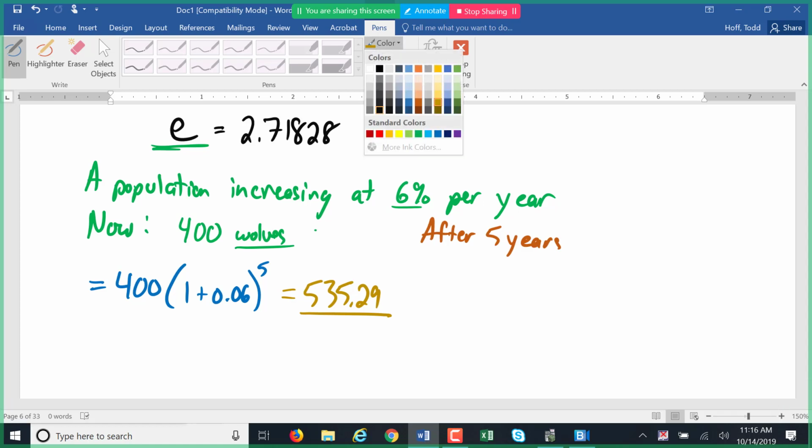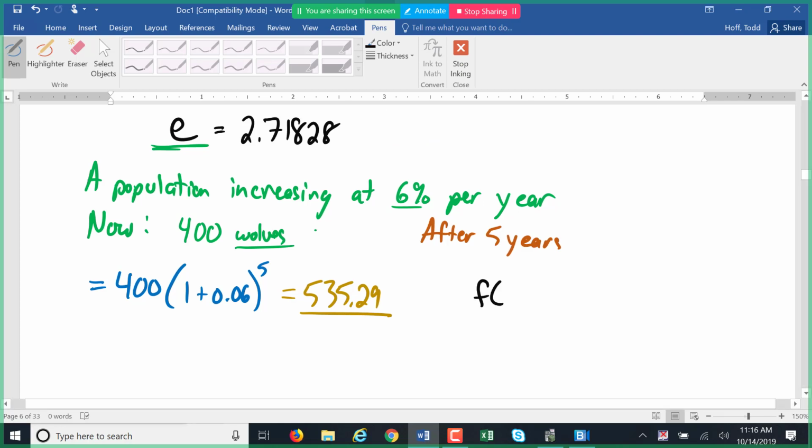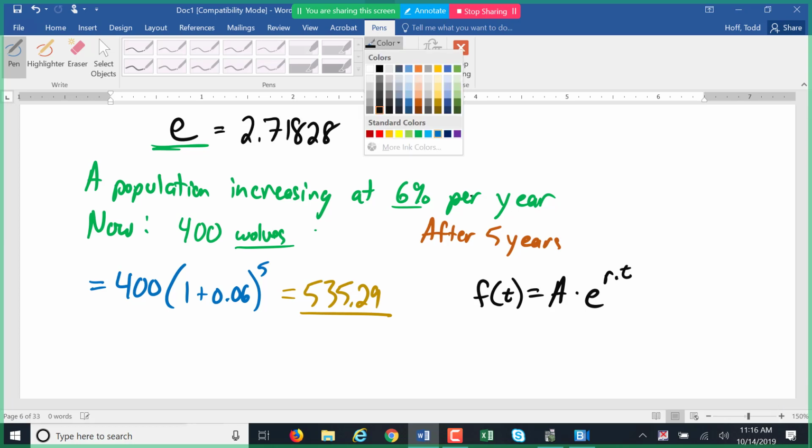But we could use that natural constant, telling us that the function of t is actually that initial amount times e to the power of that rate times time. So what would that mean here?